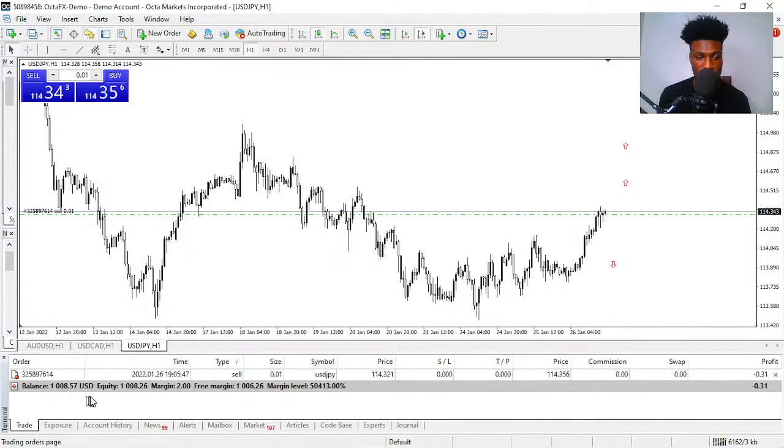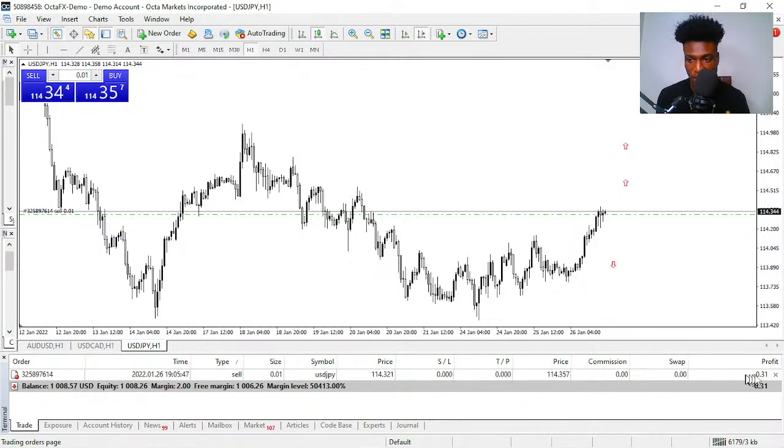So what just happened is my balance was subtracted by my profit or loss. Right now I am down 31 cents on the trade I executed, the instant trade, with the example. I'm down 31 cents. So my equity is just my balance minus whatever is going on here.